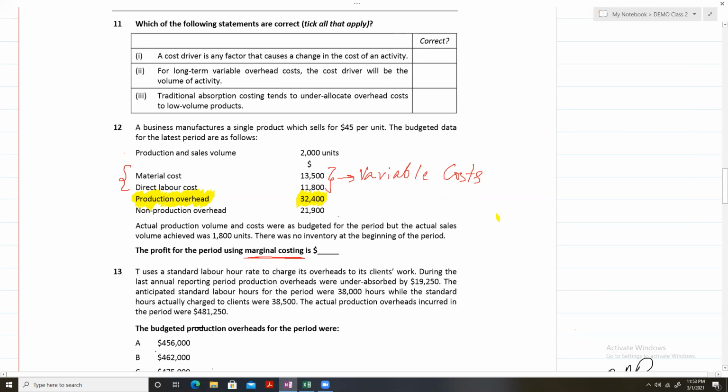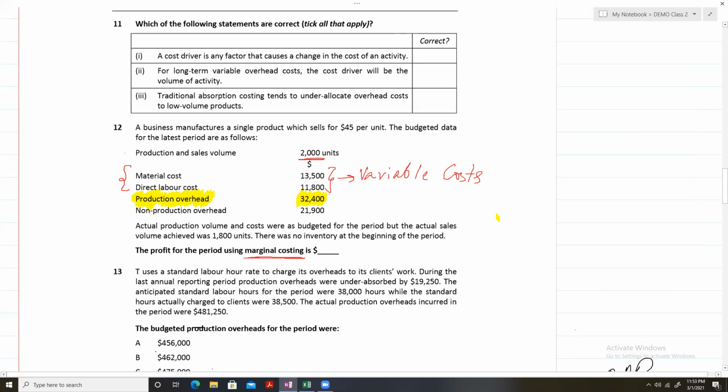Please calculate it yourself. 2,000 units are produced, and we are given these two variable costs, material cost and direct labor cost.